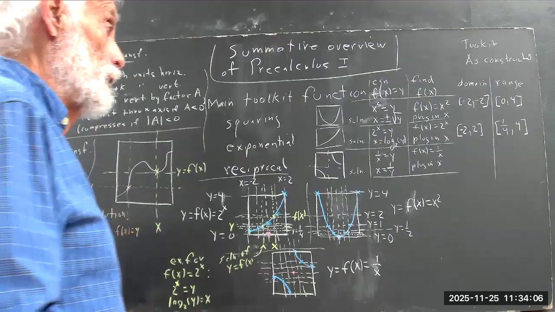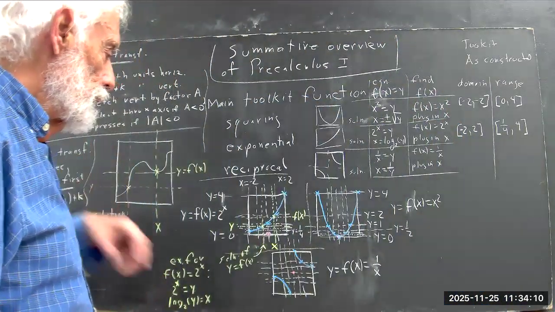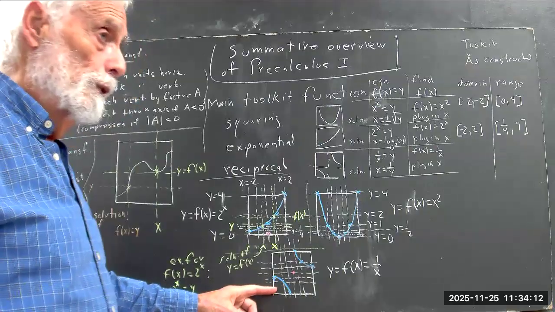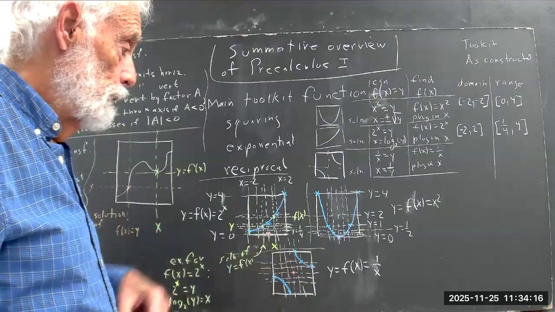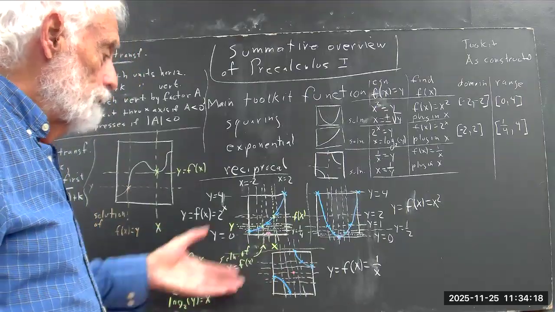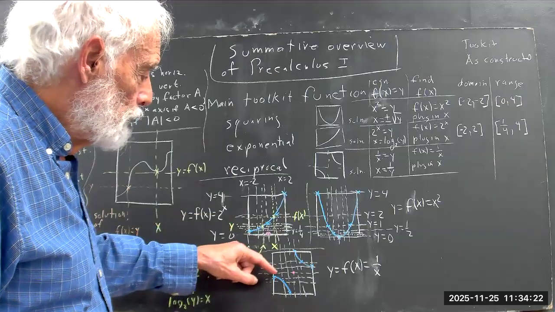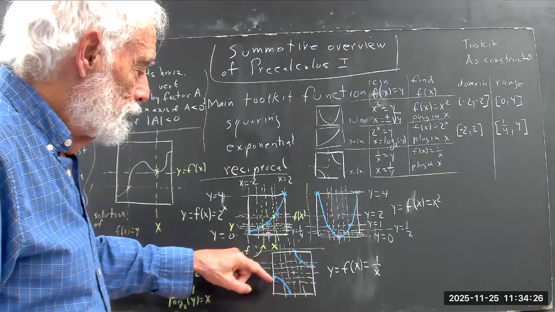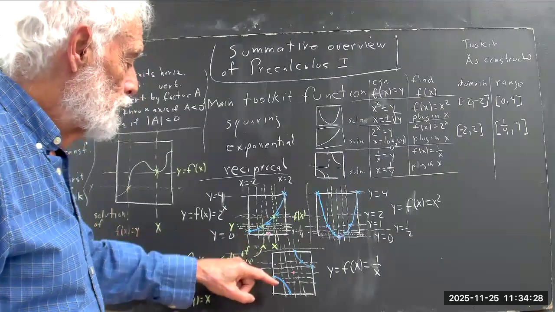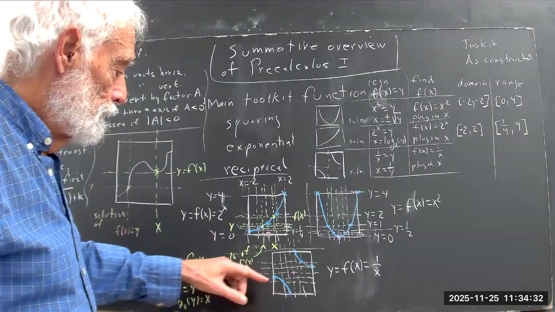For the reciprocal function, this is a little trickier. Now, one thing that we don't do with the reciprocal function is we don't try to connect this point to this point. And construction-wise, what's happening here is every time we move twice as close to the center, we move twice as far from the horizontal center line.